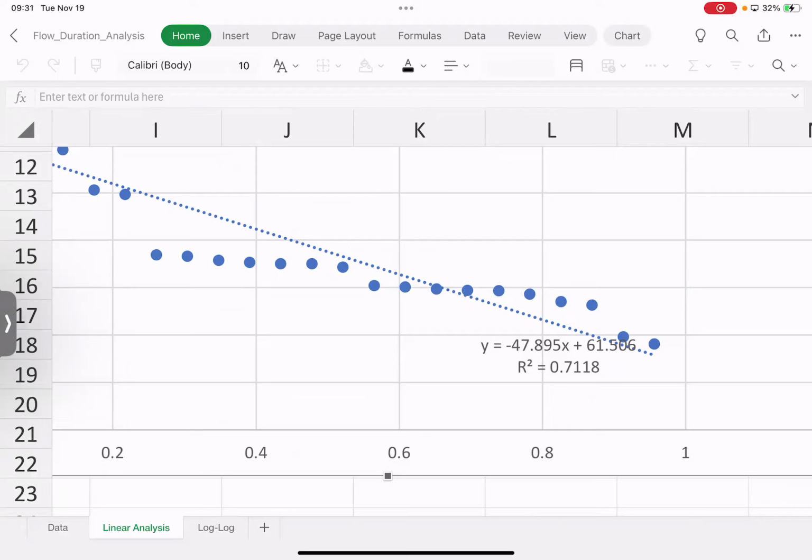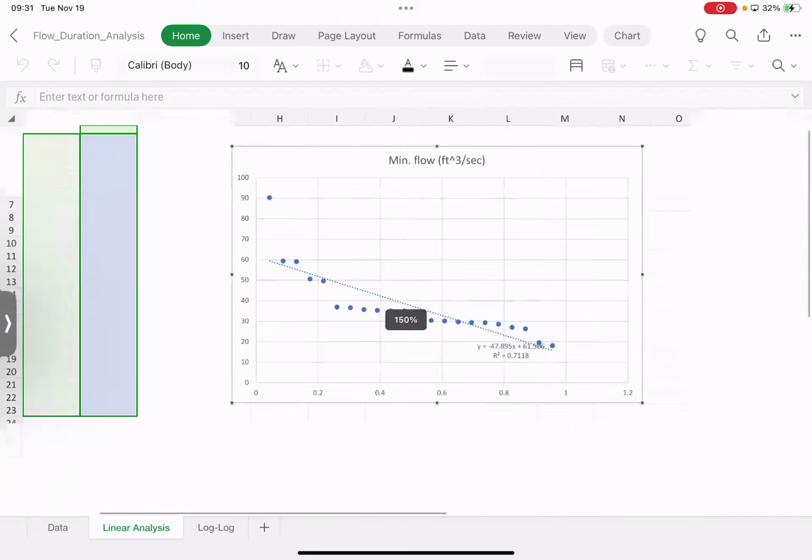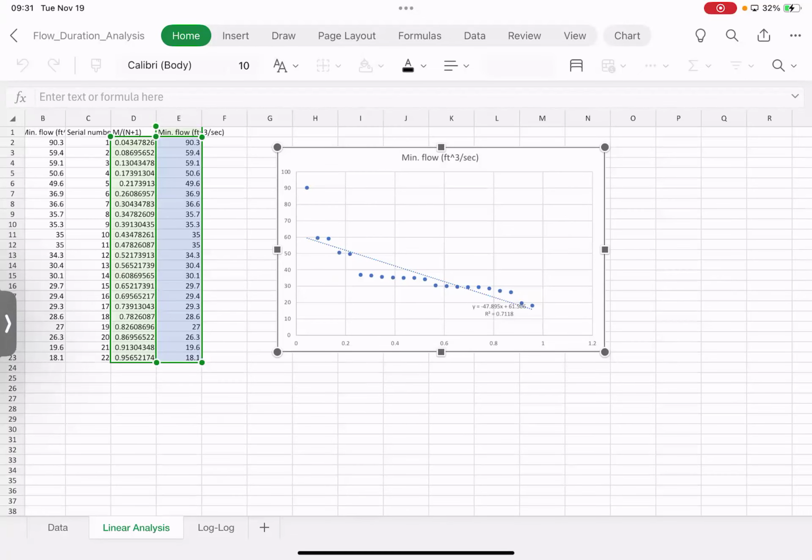I've got an r squared of 0.7118, but I also notice that this line doesn't model this relationship very well. It's hard because I don't have a pointer in Excel, but I would want to capture this kind of relationship here. This looks like a decay style relationship.